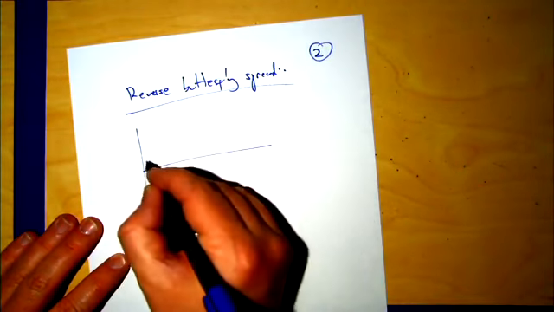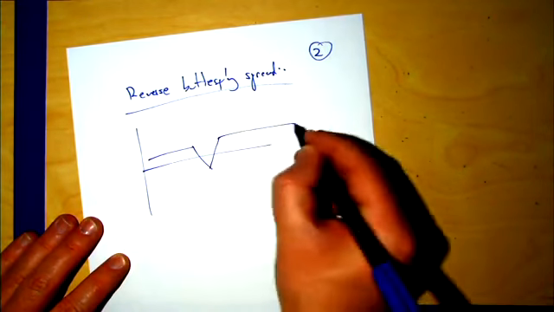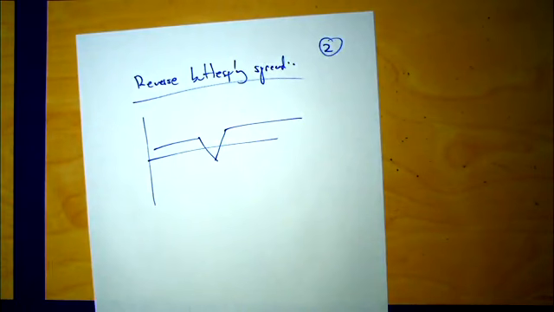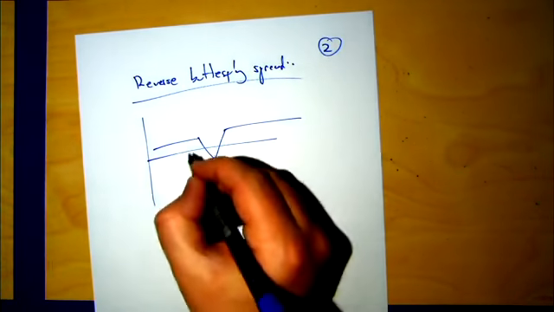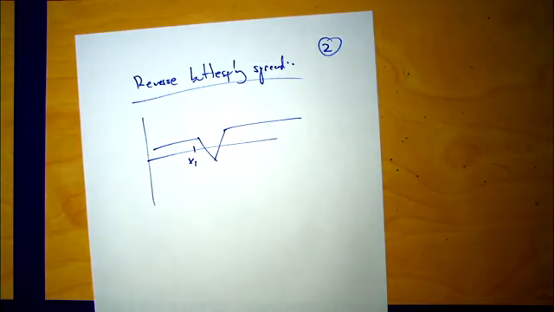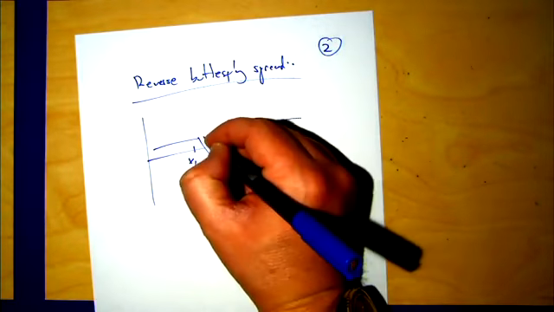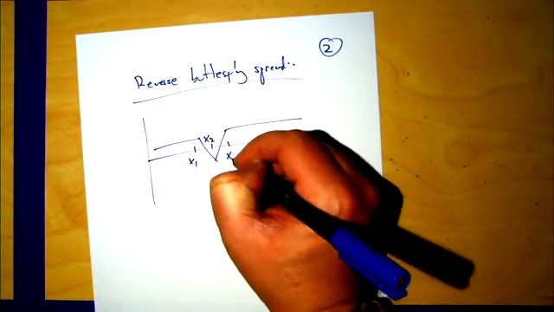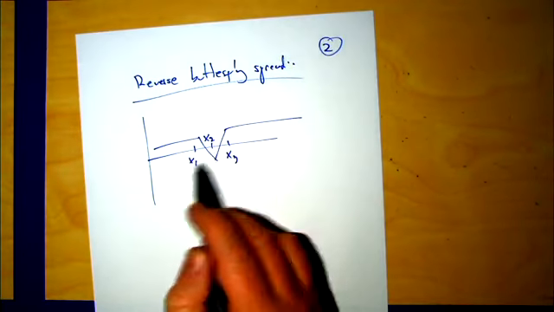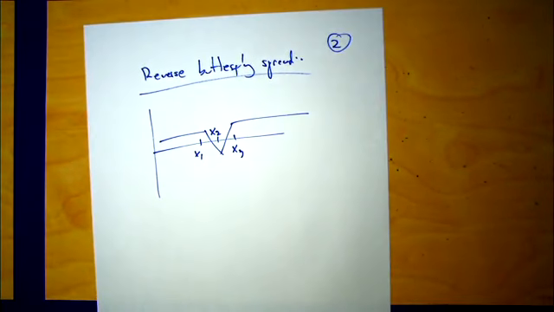So a reverse butterfly spread, remember, looks a little bit like this. It's just that butterfly spread turned upside down. This is options with exercise prices of X1, X2, and X3, where X2 is in the middle of X1 and X3.